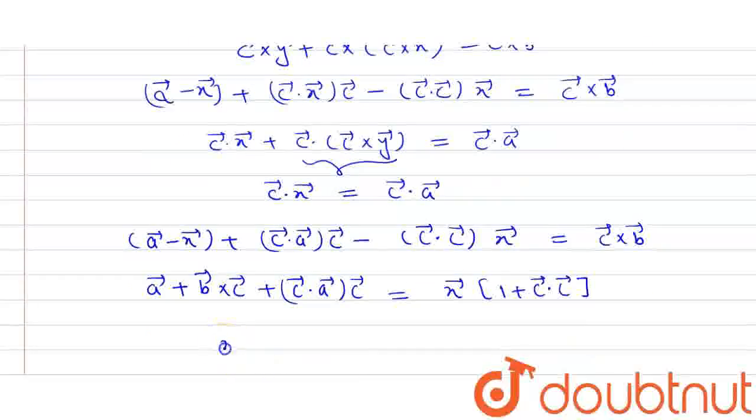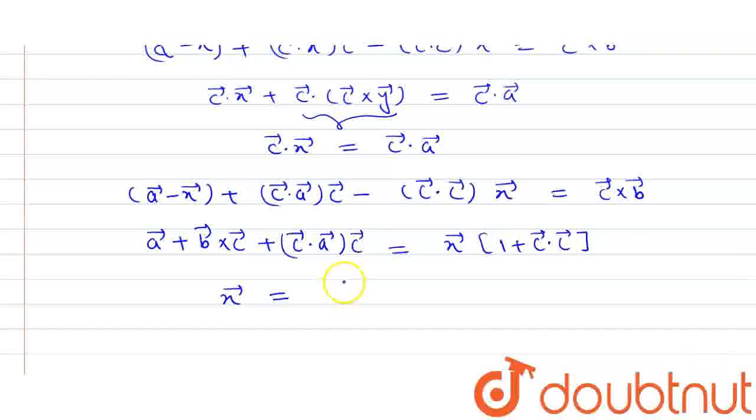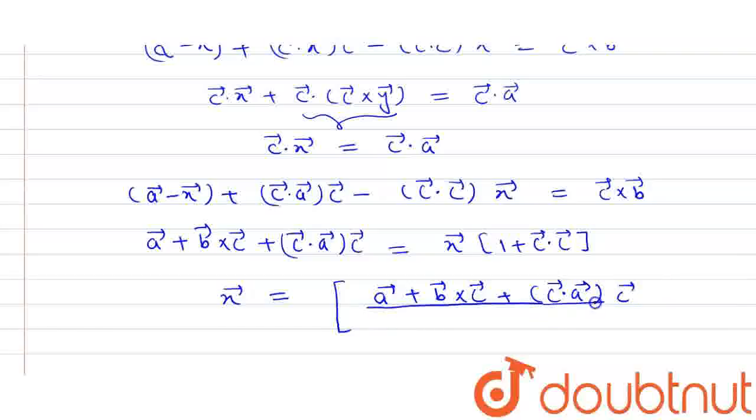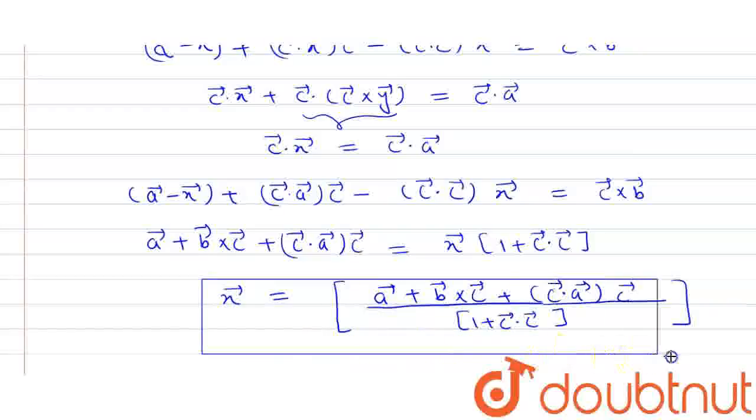So x vector will be equal to a vector plus b vector cross c vector plus c vector dot a vector multiplied by c vector, divided by 1 plus c vector dot c vector. So this is our x vector value.